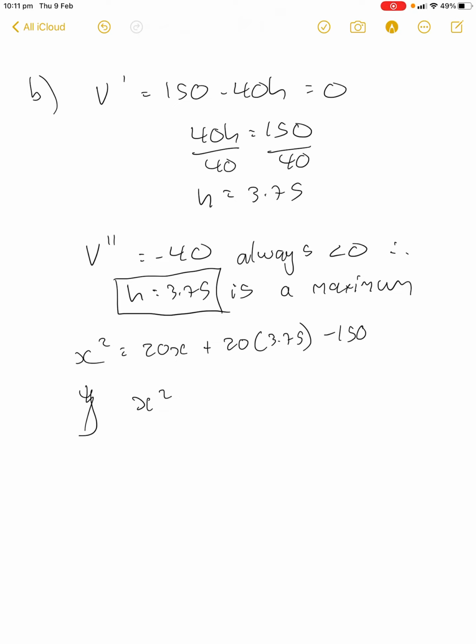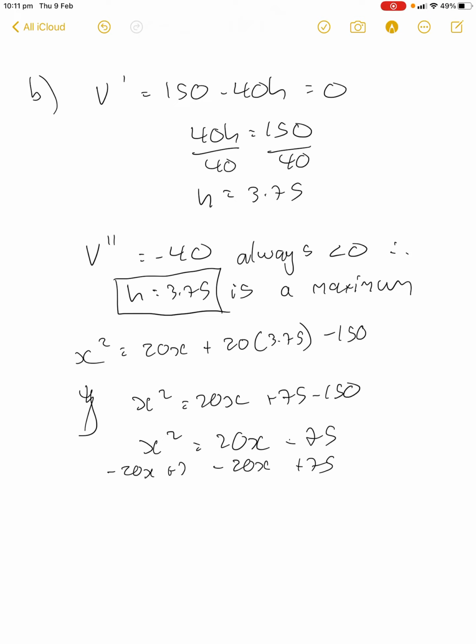So we have x squared equals 20x plus 75 minus 150, so x squared equals 20x minus 75. Let's put everything on one side of the equal sign. That's going to be important because then I'm going to be able to solve this. x squared minus 20x plus 75 is equal to 0.